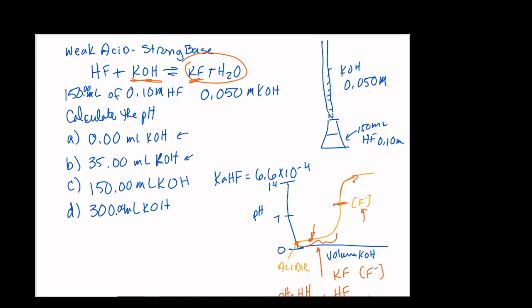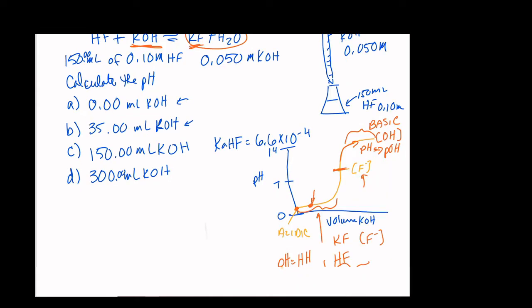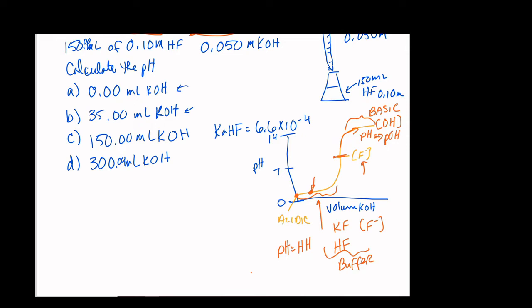And as we move into this region here, this is our basic region, and our pH is going to be governed by the concentration of the hydroxide ion, which is going to be governed by the leftover hydroxide ion that is unused after we go beyond that equivalence point and keep adding base. So our pH would be calculated from the pOH, which we can get from the hydroxide ion concentration. So you have to keep in mind what region of the titration plot you're in when you calculate the pH.